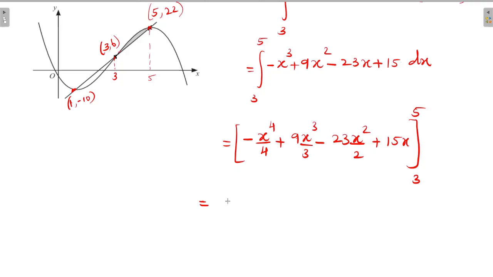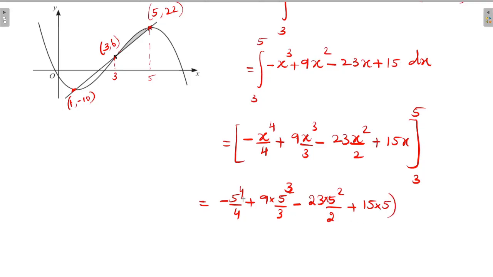The upper limit is −5 to the power 4 over 4 plus 9 times 5 cubed over 3 minus 23 times 5 squared over 2 plus 15 times 5.